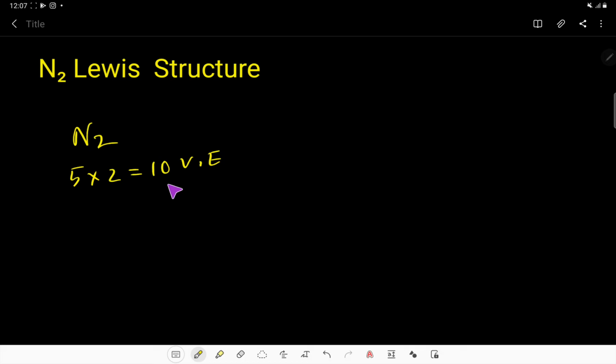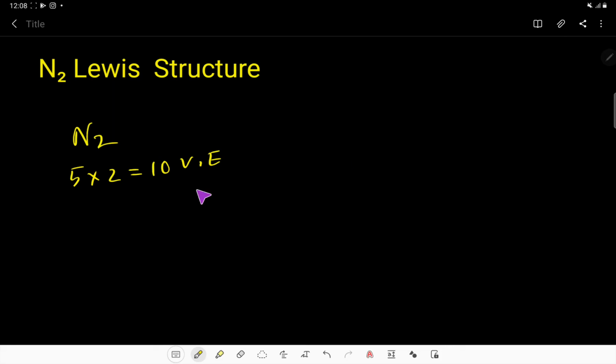So these 10 valence electrons have 2 tasks. The first task is to connect these 2 nitrogen atoms, and the second task is to satisfy the octet for both the atoms.